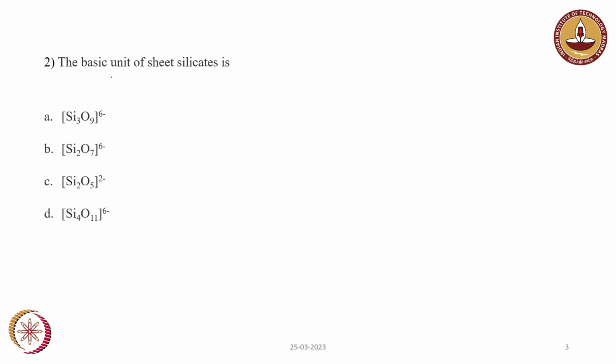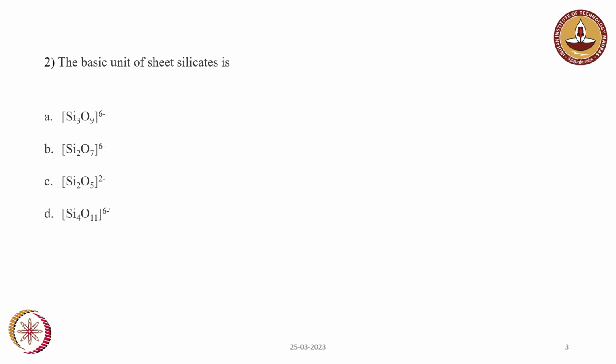The next question: the basic unit of sheet silicate is option A, Si3O9 6 minus; option B, Si2O7 6 minus; option C, Si2O5 2 minus; option D, Si4O11 6 minus.